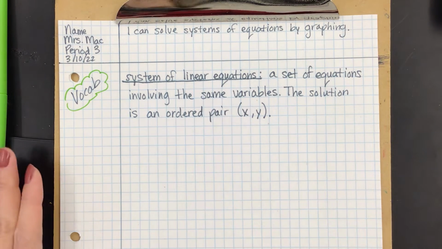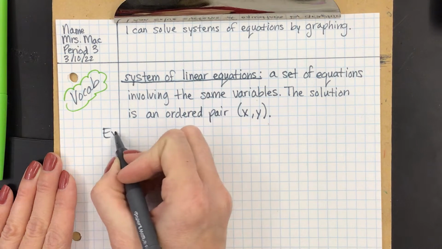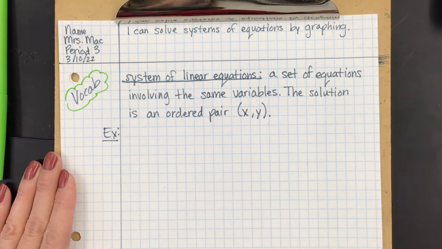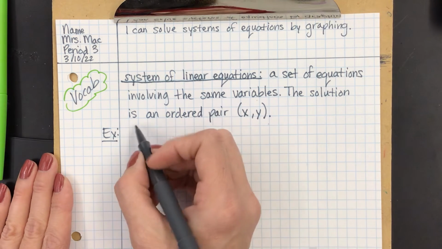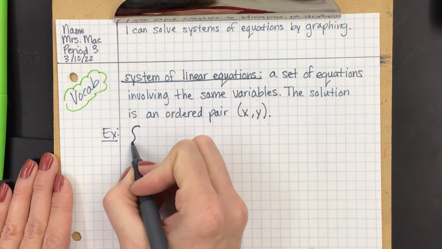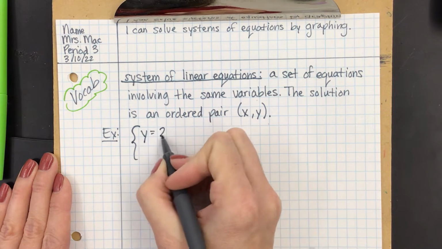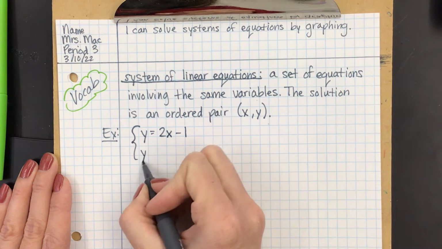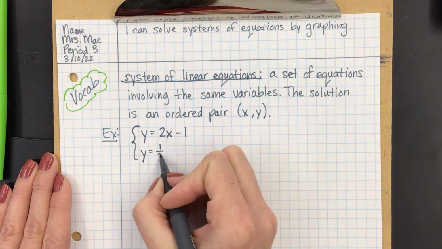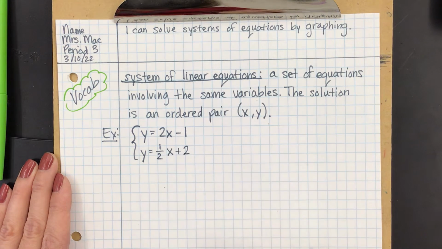Okay? So let's jump in and do an example so you can see it in action. Let's say that I give you this system of linear equations: y equals 2x minus 1, and y equals a half x plus 2.